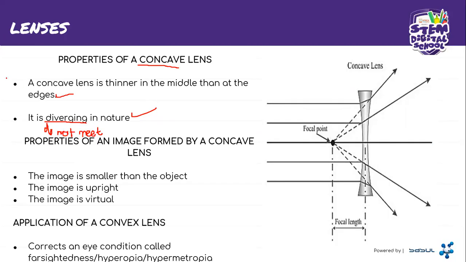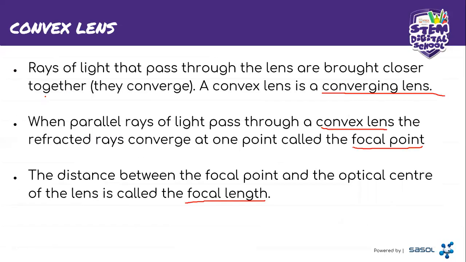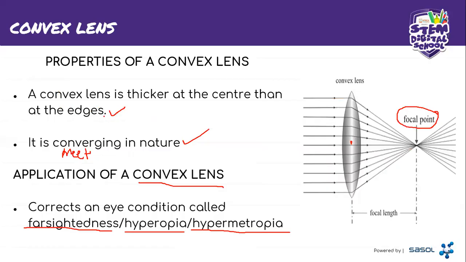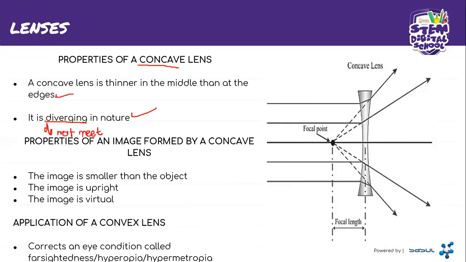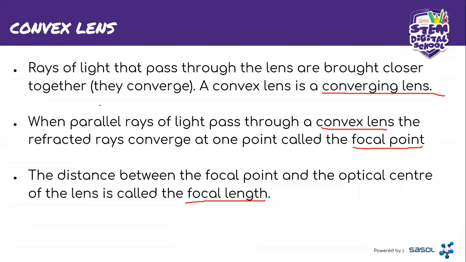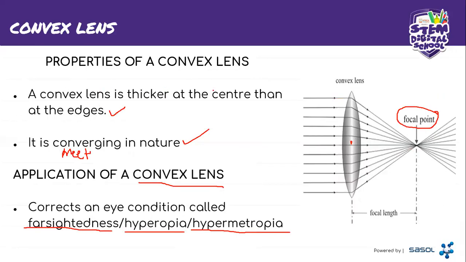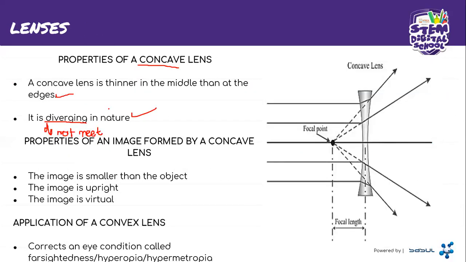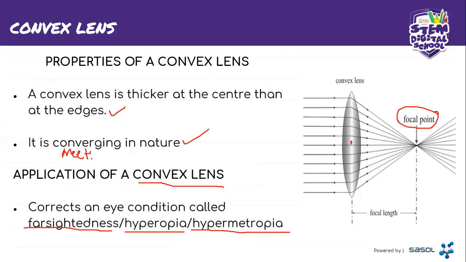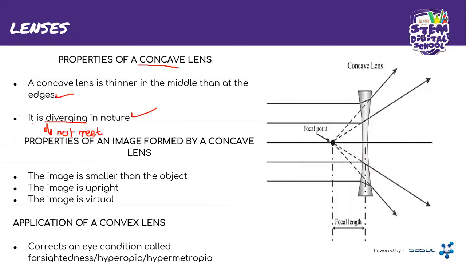So I can't say a convex lens is thicker in the middle than the edges and say the difference is it is diverging in nature. No, if I talk about a convex lens being thicker at the center than the edges, then the difference will be a concave lens is thinner in the middle than at the edges. So those must be aligned because you're comparing similar things. The other difference is that a convex lens is converging in nature. So which difference goes with that? Is that a concave lens is diverging in nature.